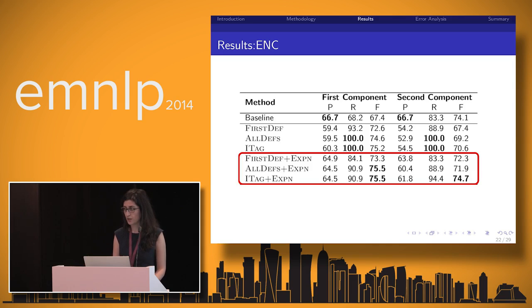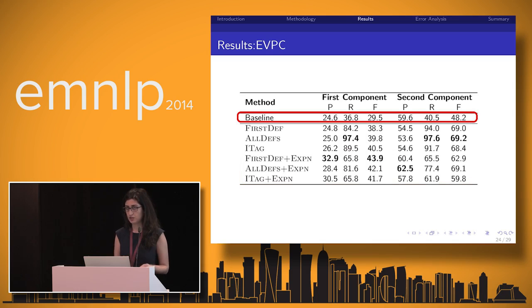Again, for verb particle constructions, the baseline is the same. So again, if the VPC in Wiktionary has an idiomatic tag, we consider it as fully non-compositional. If it doesn't have an idiomatic tag, then it's fully compositional.